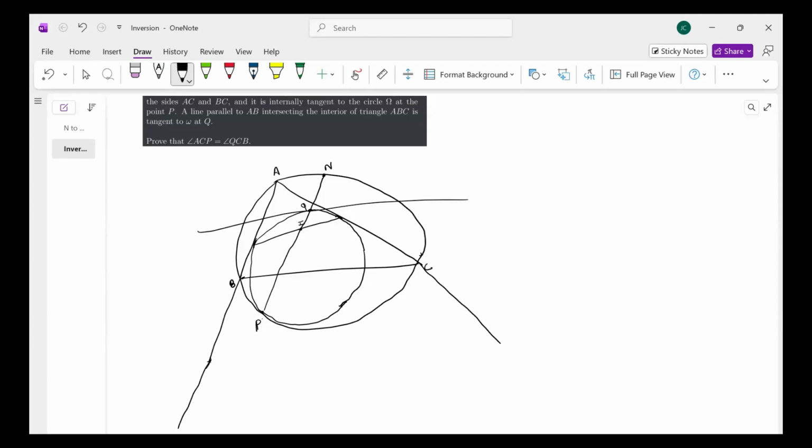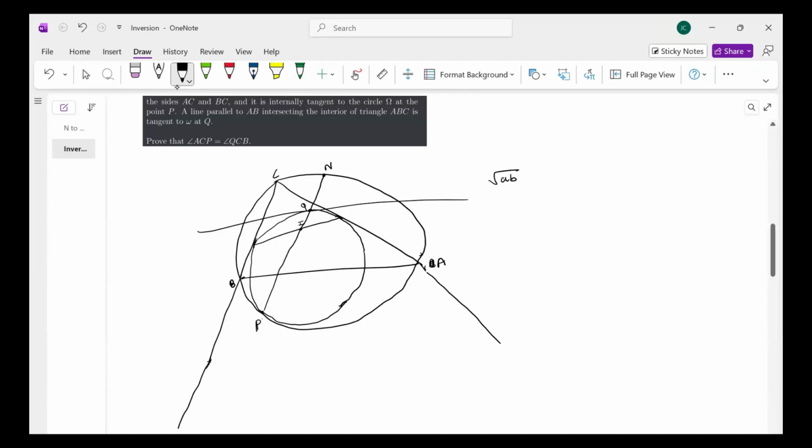So P will go somewhere, such that the inverted circle will be tangent to BC. Yes, the image of the circle will be tangent to BC, and it would also be tangent to CB and CA.